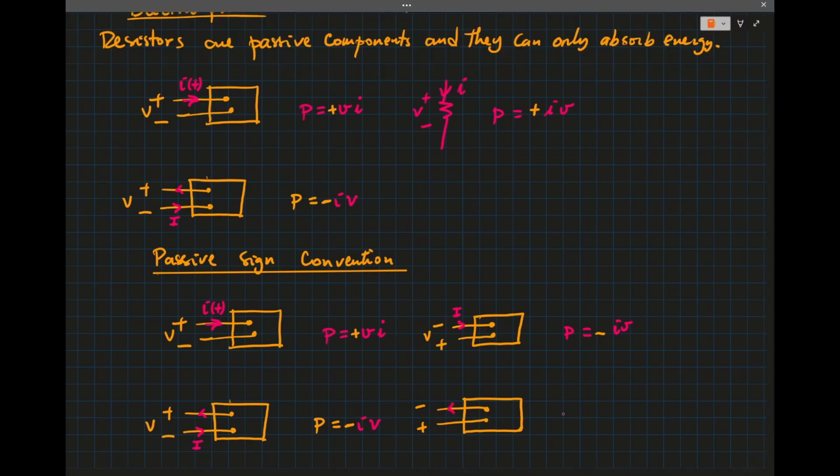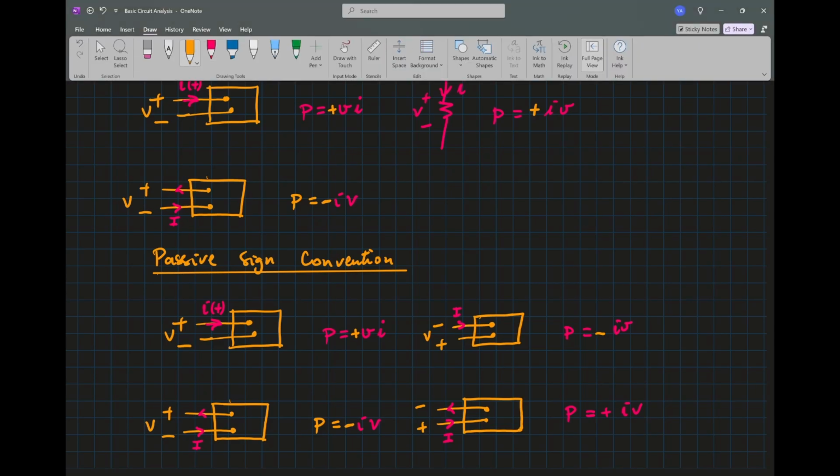So P is equal to plus IV. Why? Because the charges that flow into this component are the same charges that are flowing out. That means the current I is going into the device, and the same current is coming out of that device.